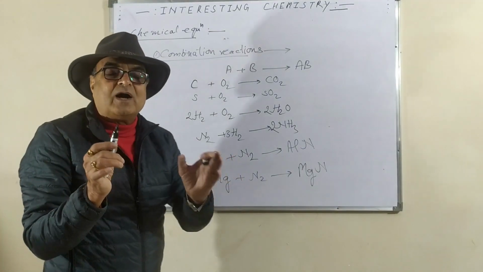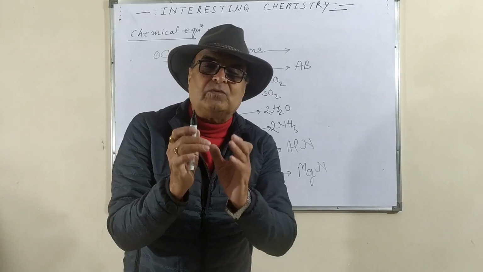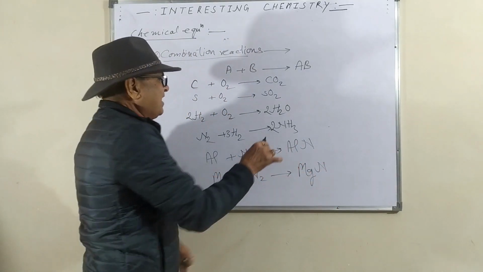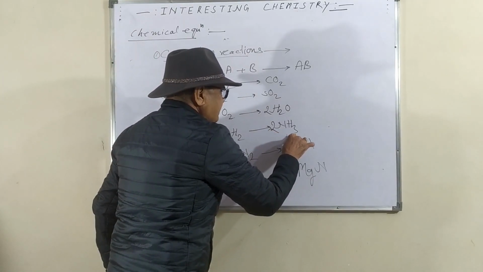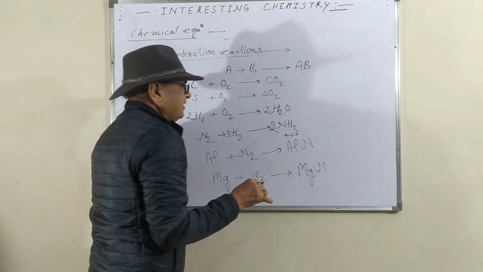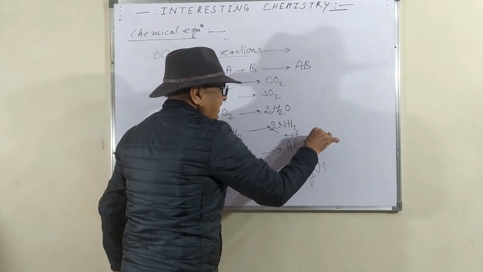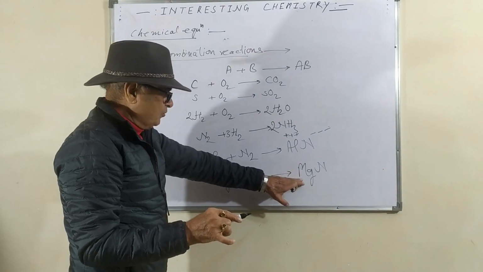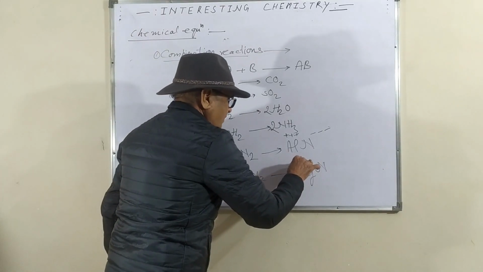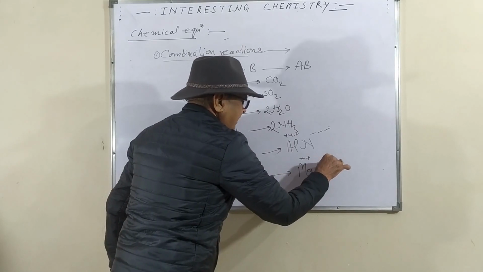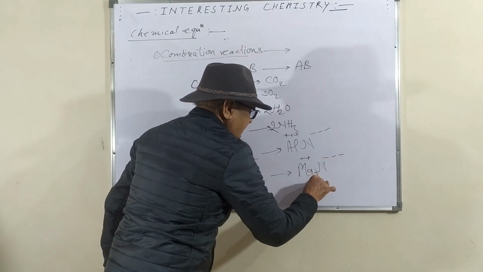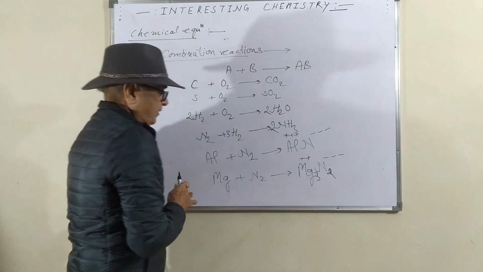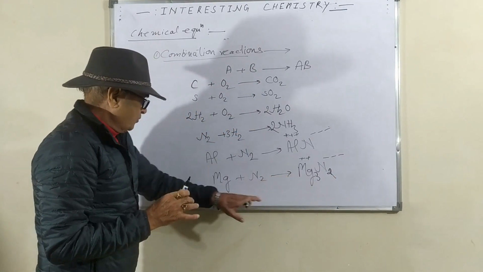Now I have to correct the formulas of both compounds, AlN and MgN. AlN is right because the valency of aluminium is 3 and that of nitrogen is 3. But in this case, the formula of magnesium nitride will be Mg3N2.